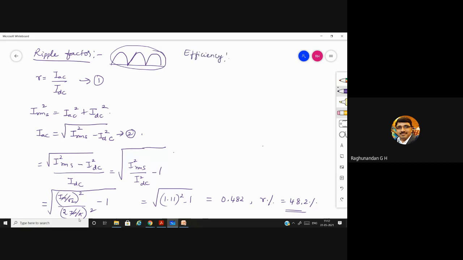For efficiency, we already know that it is the ratio of the DC power delivered to the load to the AC power input.